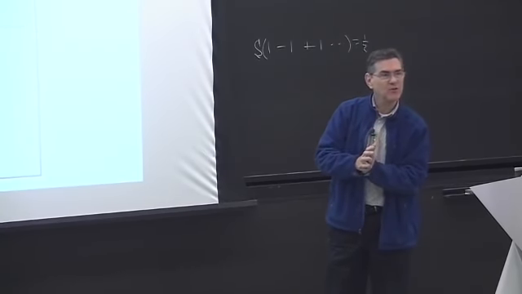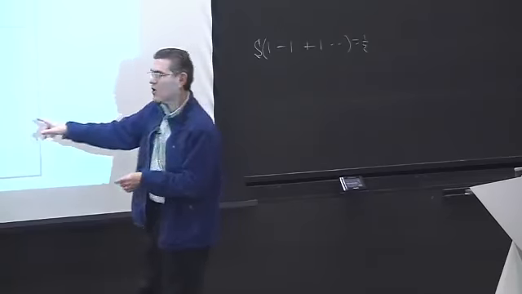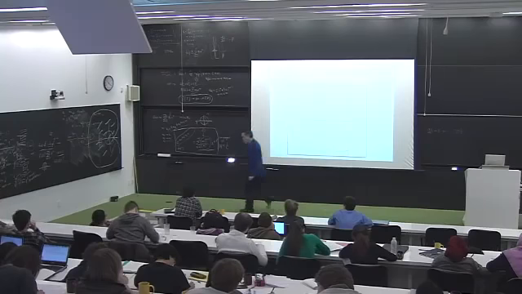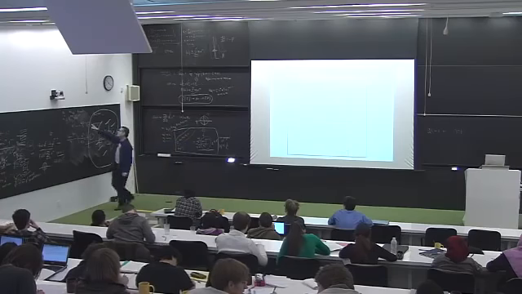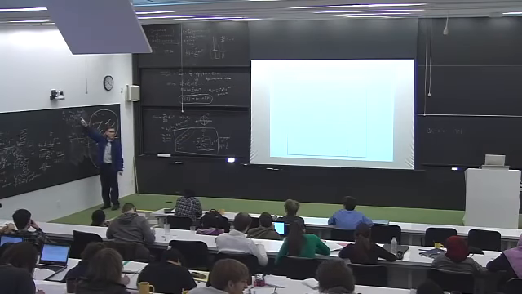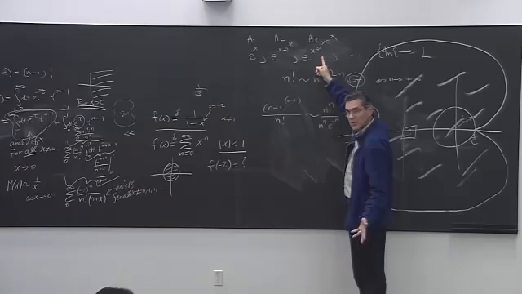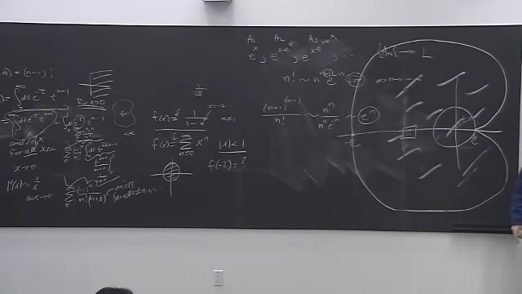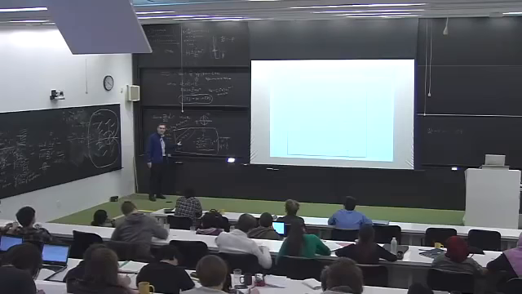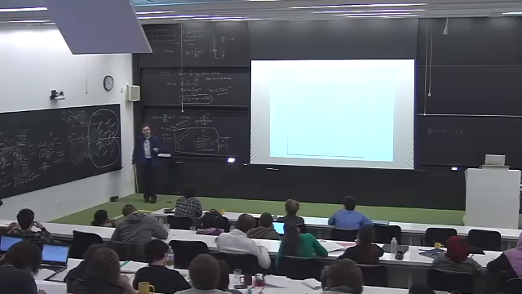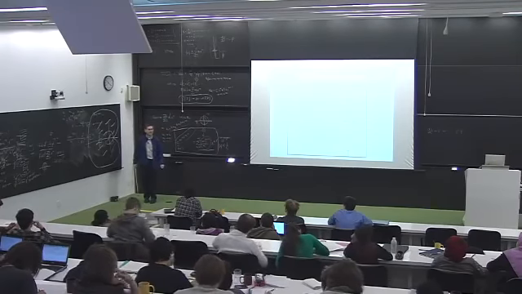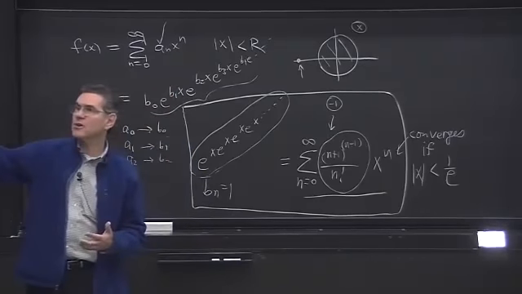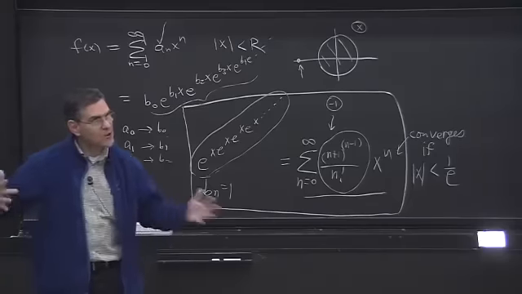Outside of this cardioid, this sequence of exponentials does not converge. Just like a Taylor series doesn't converge, this representation of the function also doesn't converge. But it doesn't blow up. So how could a sequence not converge but not go to infinity?